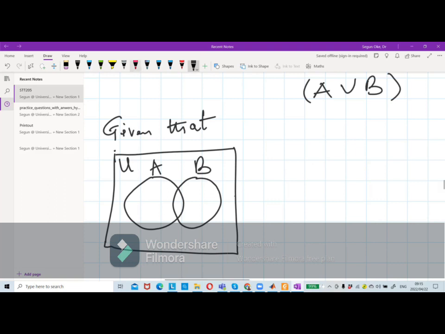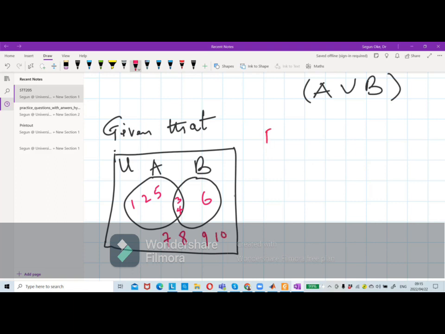Then we have elements. We have 1, we have 2, we have 5. Here we have 3, we have 4, we have 6 here. Then the rest is 7, 8, 9, and 10.